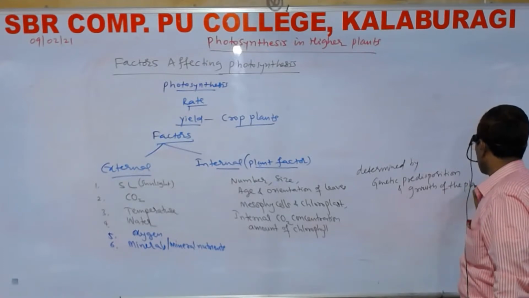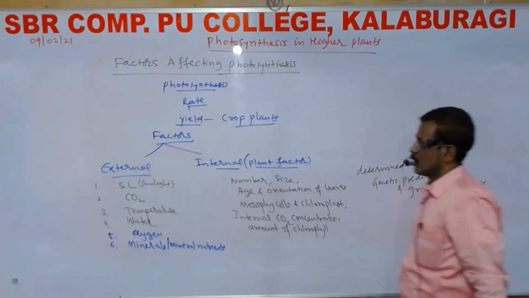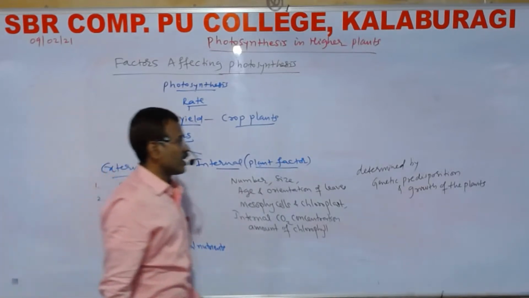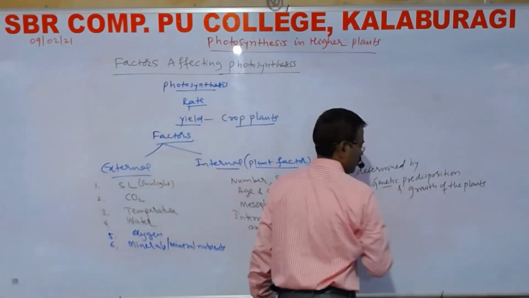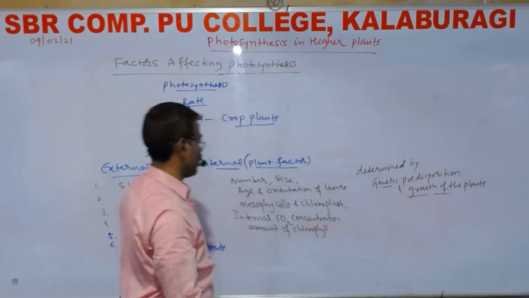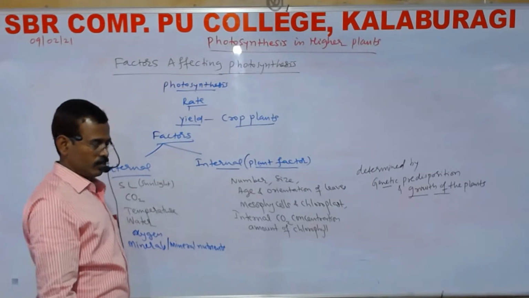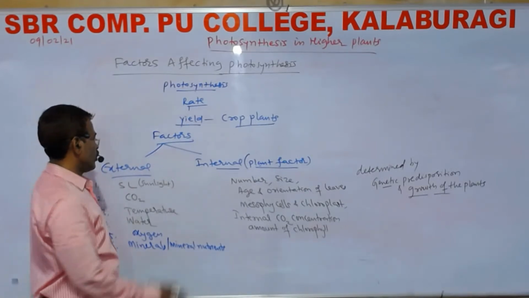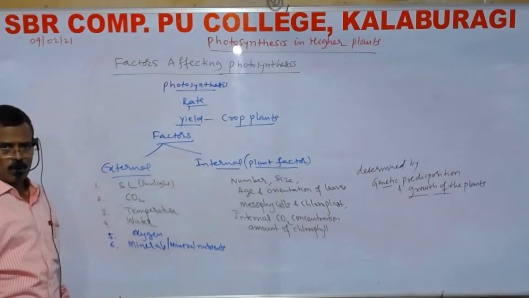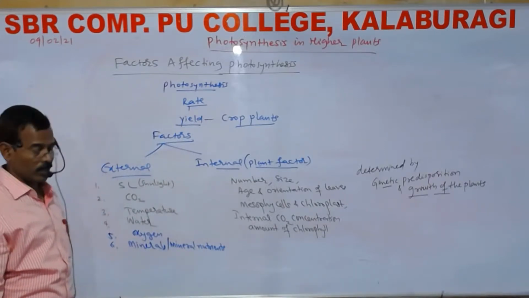They are determined by genetic characters. Then the growth of the plants. So these are all various factors that affect the photosynthesis process. Try to remember these factors.